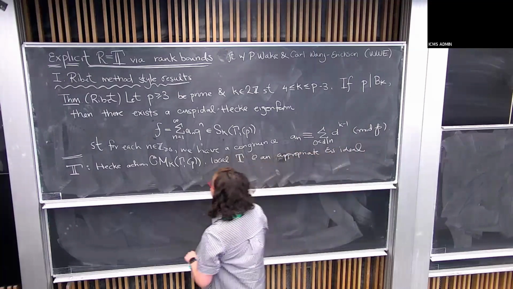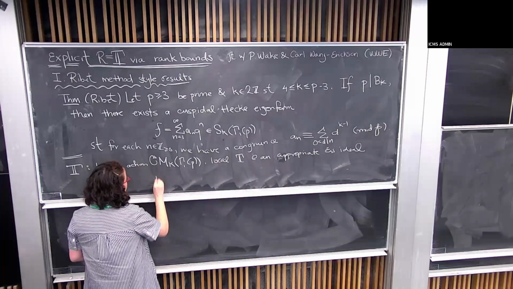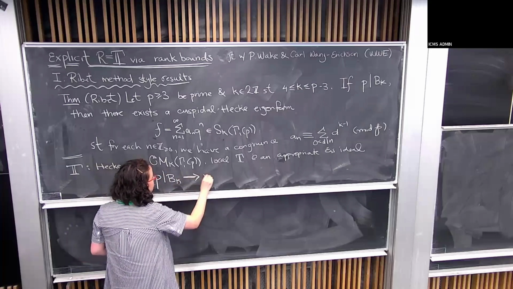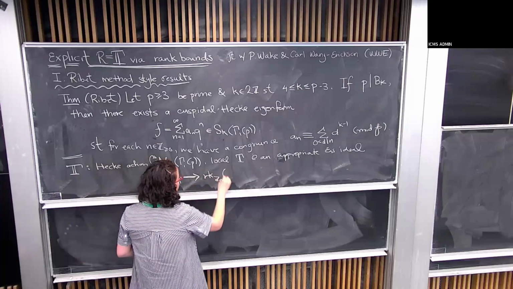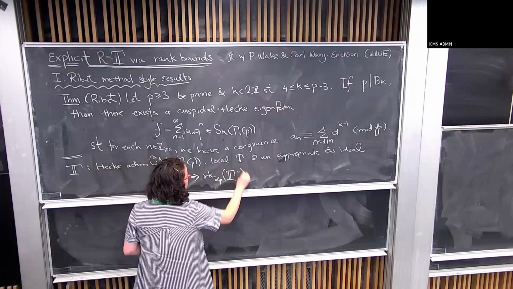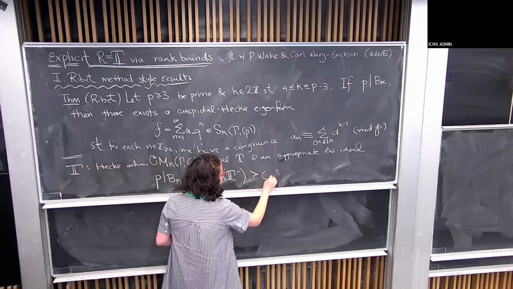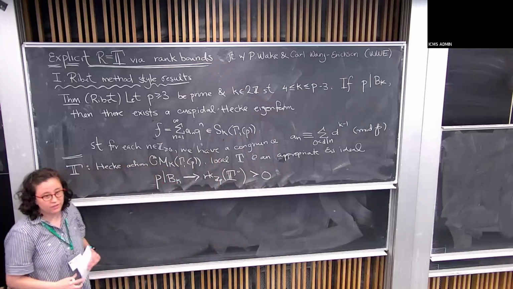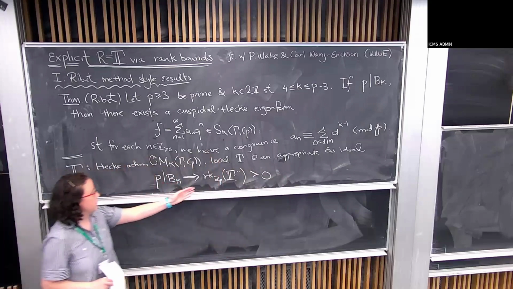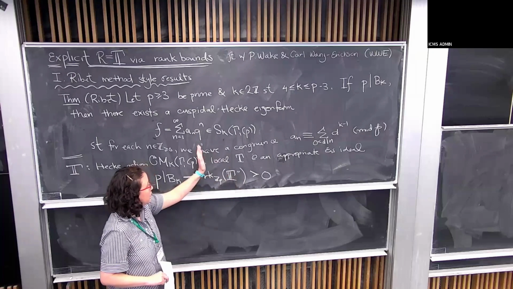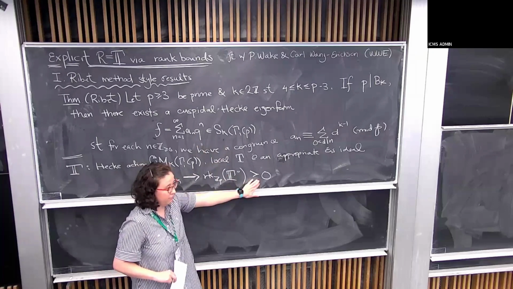And then I can rephrase this statement as saying that p divides the kth Bernoulli number implies that the Z_p rank of, now we're looking at the cuspidal quotient of this Hecke algebra, is strictly greater than 0, right? So we're giving a condition for this rank of our cuspidal Hecke algebra that's picking out congruences between cusp forms and this Eisenstein series. It's positive.